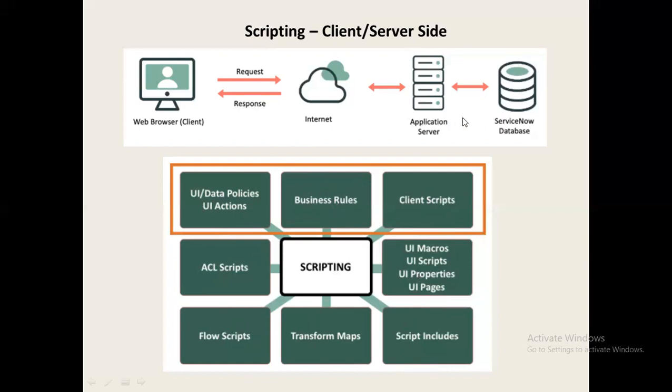Business rules are server-side scripting, which means it runs only when you want to query the database, insert something in the database, update something in the database, do something in the backend, not on the front side of your interface. Not this. UI actions, UI policies, data policies, and client scripts are done at the level of client scripting.